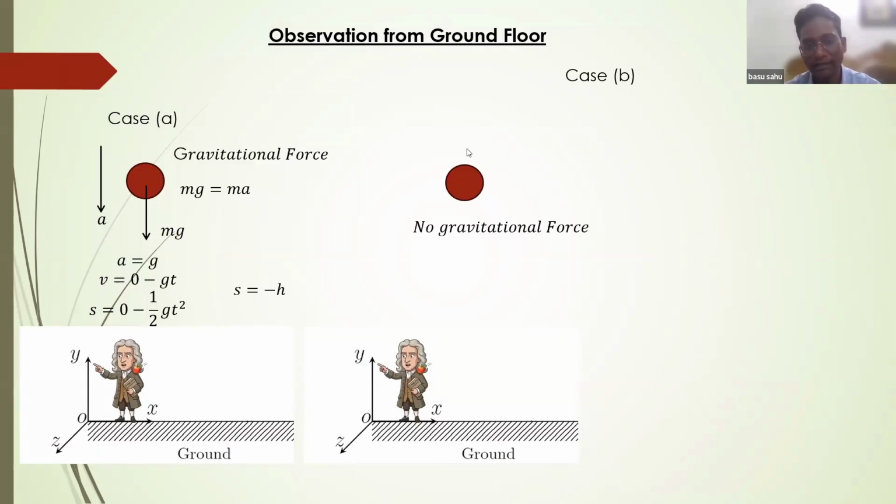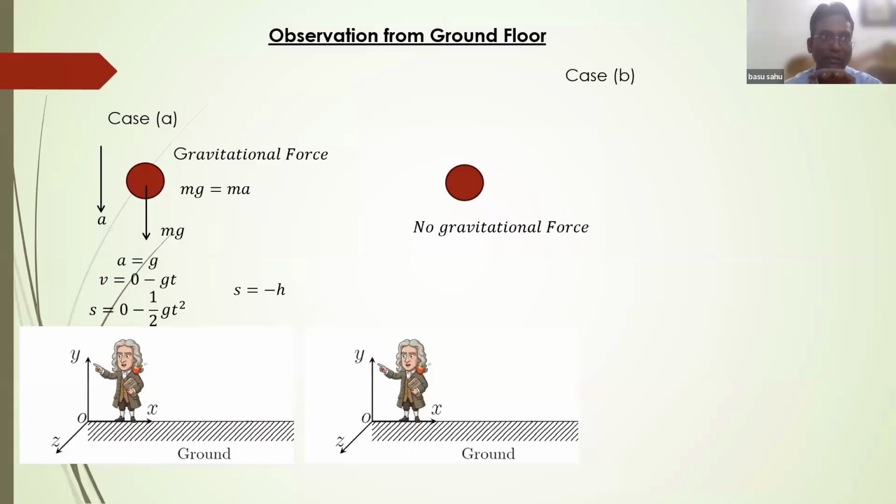What about the velocity? Whether the velocity, as I have considered here, is 0, or will there be some velocity? So 0. Okay. What about others? Constant. It moves with constant velocity. Yes, there will be some initial velocity.